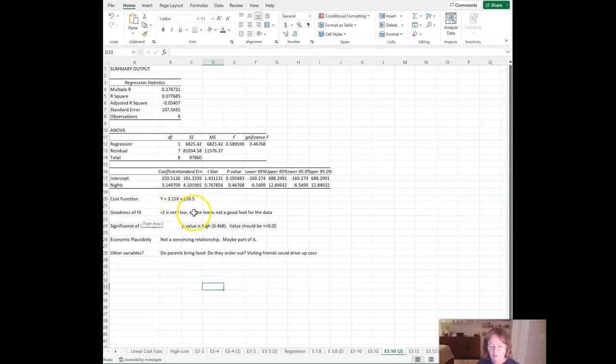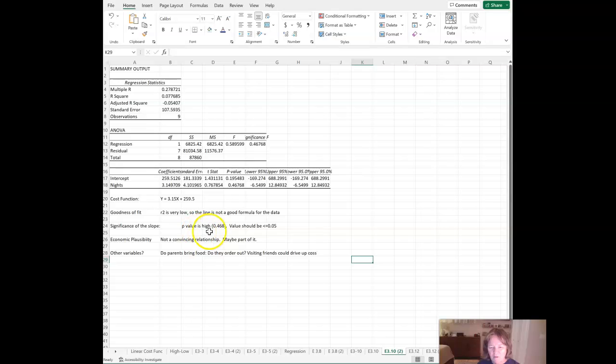R-squared is very low, so the line is not a good fit for the data. In any event, it's not good.